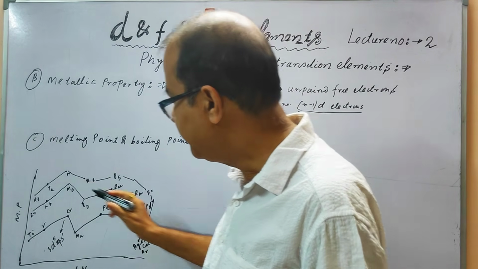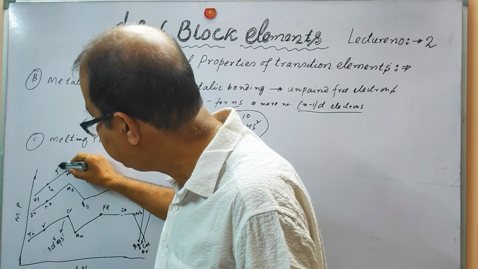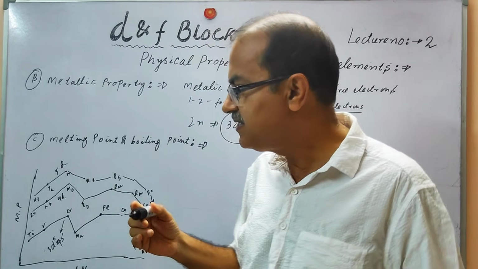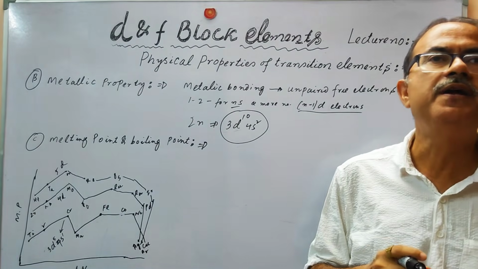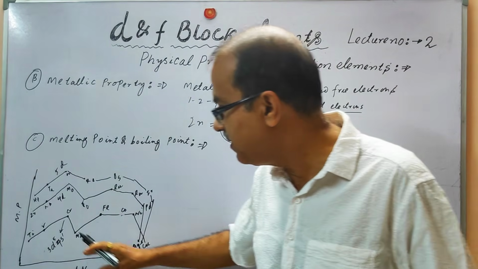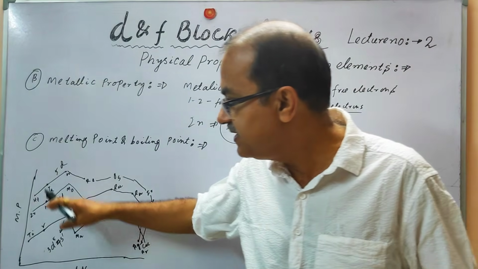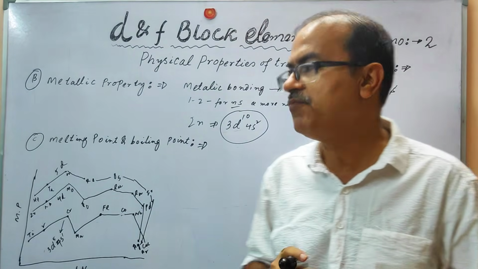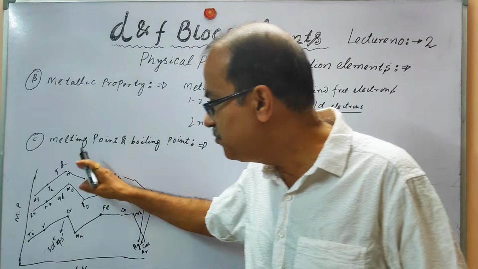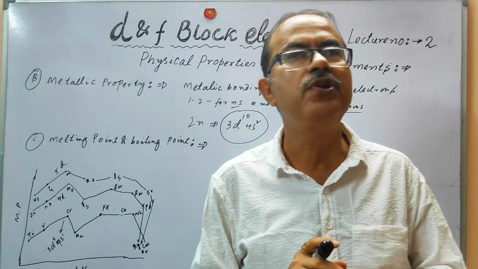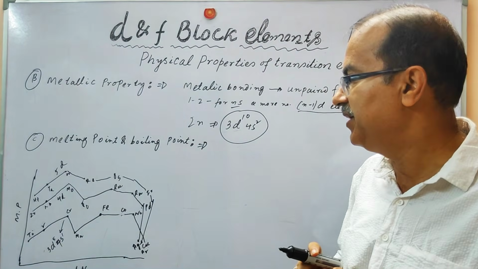So what we find here, in the 5D series and the 4D series also, is that as we go down the group there is an increase of the melting point, and that is due to more intensive metallic bonding.